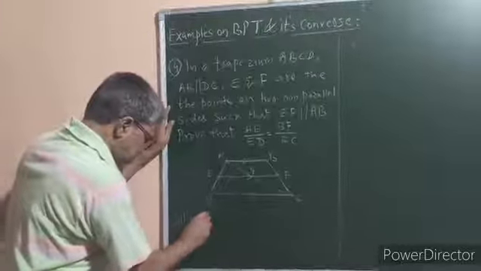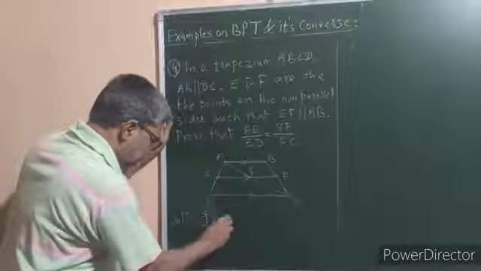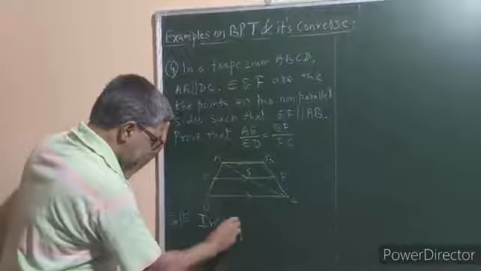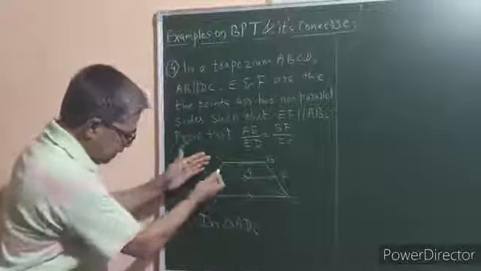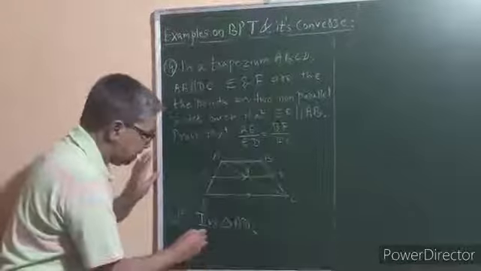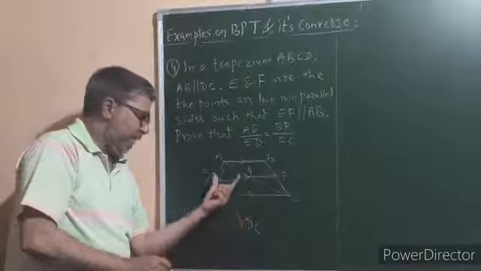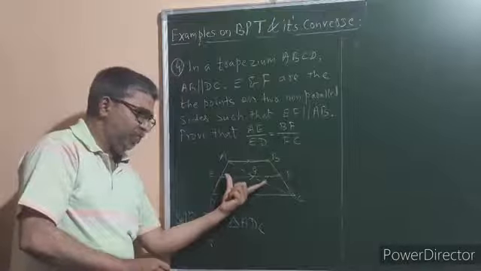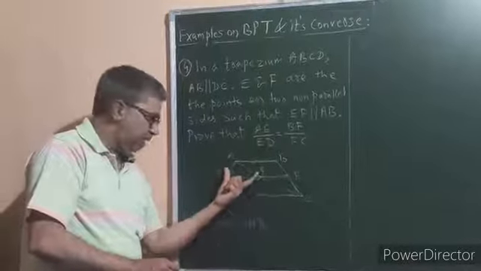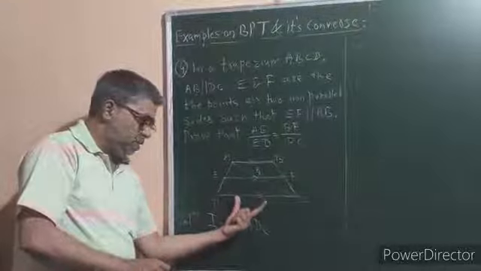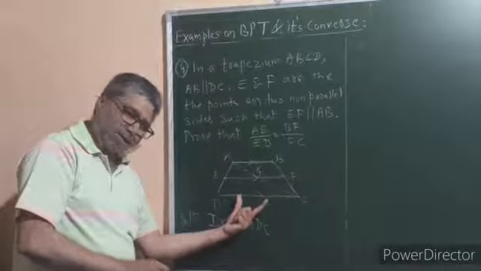In triangle ADC, since EF is parallel to DC and EG is a part of EF, then automatically EG is also parallel to DC.